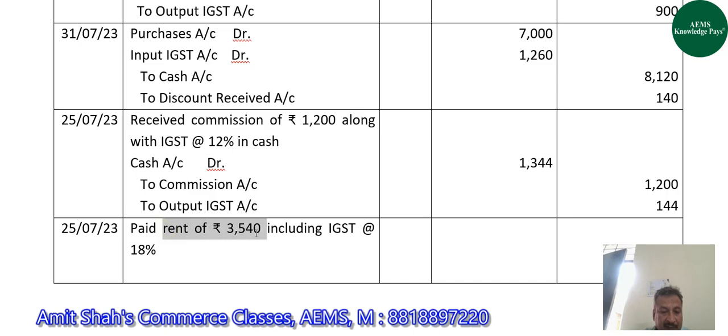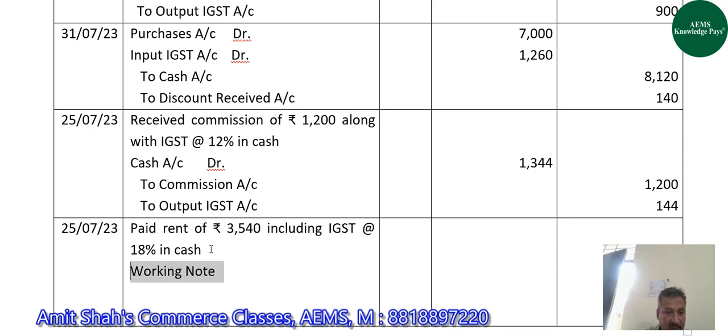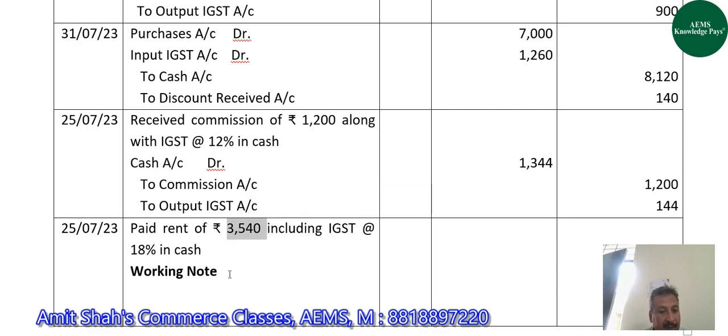Here we have been given an amount, but that includes the amount of GST, and we have paid this in cash. It means in this 3540, rent is also included and IGST is also included. Have you got what I say? So we have to split rent and IGST from 3540, right? What is the rate of IGST? 18%.